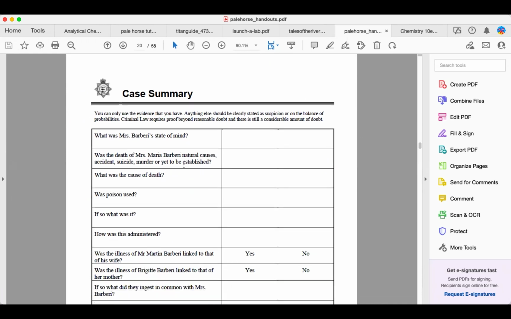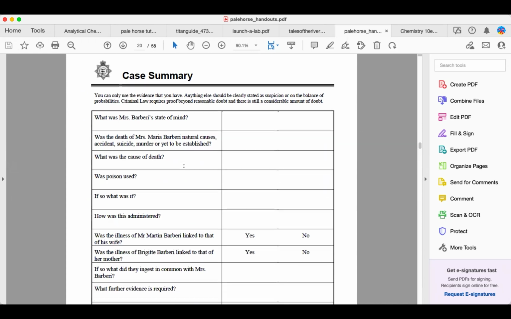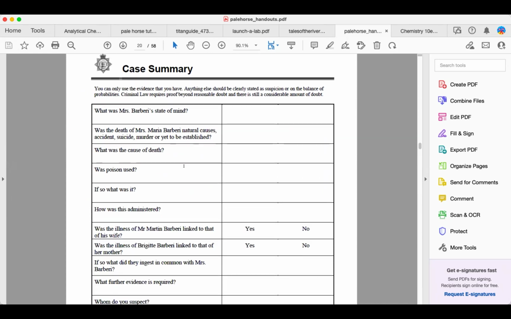Okay. You can try your best to use this form to write, use this question, okay, possibilities, your suspicion, okay.